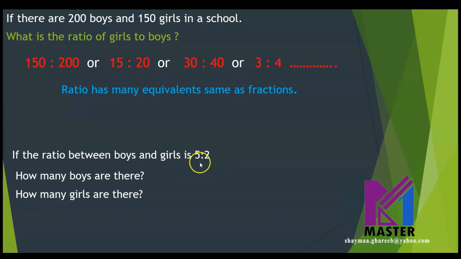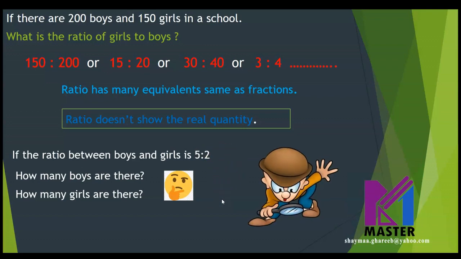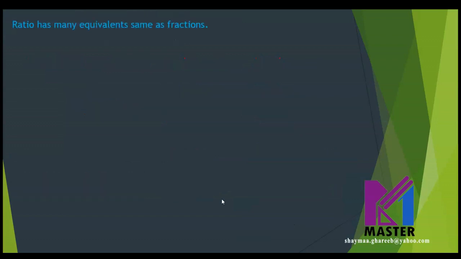This is only the ratio between the number of boys to the number of girls. So how could I know? We have to know that the ratio doesn't show the real quantity or the real amount. So now we are going to talk about this example in details. Let's see.